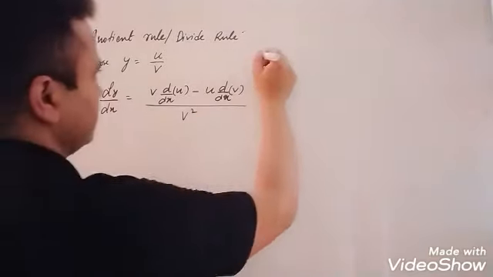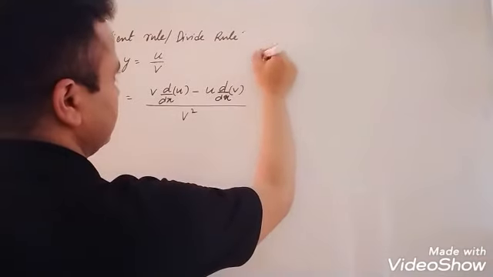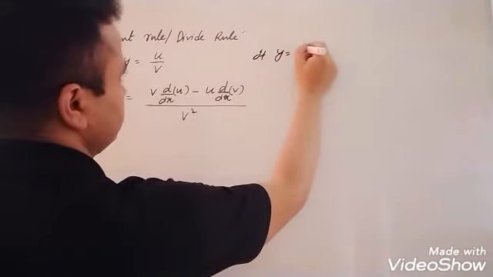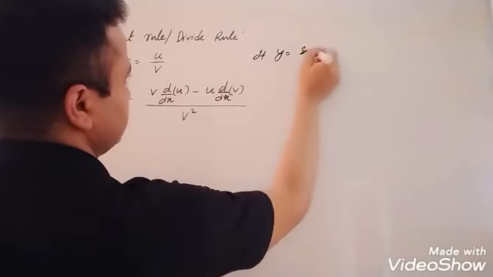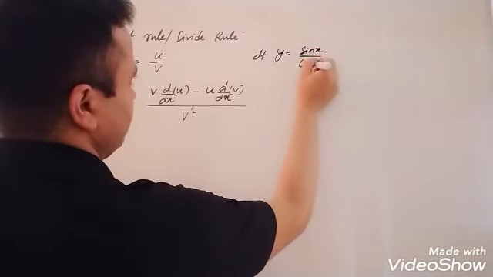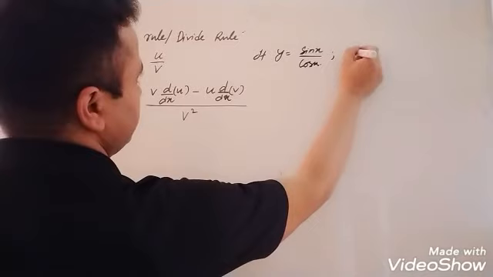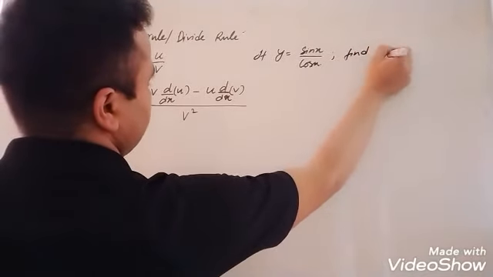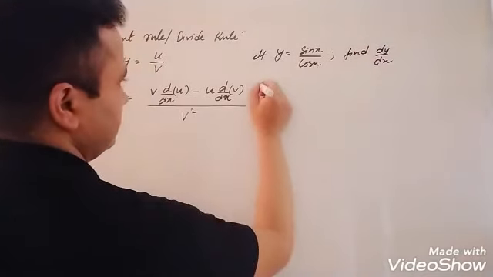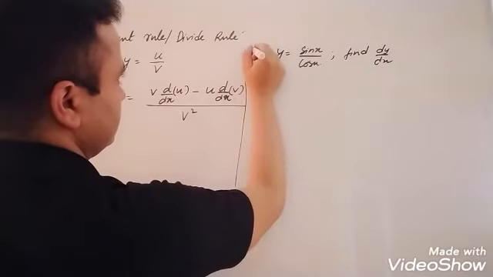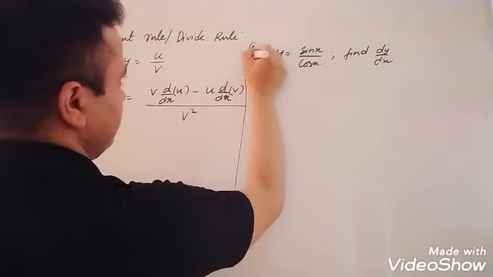Now let's take one example. If y equals sin x by cos x, find dy by dx. This is example number 1 of the quotient rule.